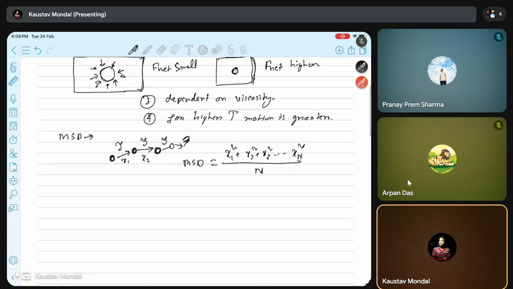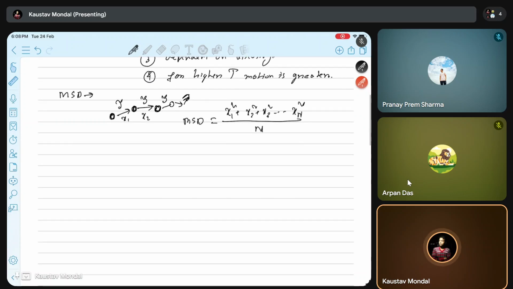Now, if you can calculate the MSD and this time interval tau, from these two measurements you can calculate the diffusion constant of the particle.